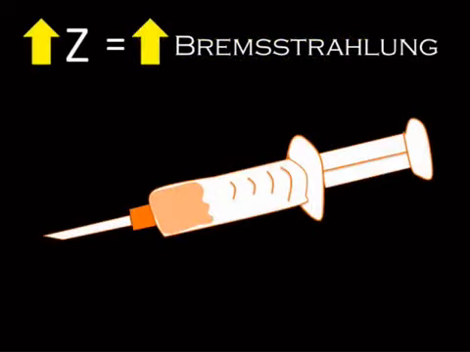So to give you a practical application for this, the higher the Z, the more of this type of radiation that we're going to have. So in nuclear medicine, there's several beta emitters.